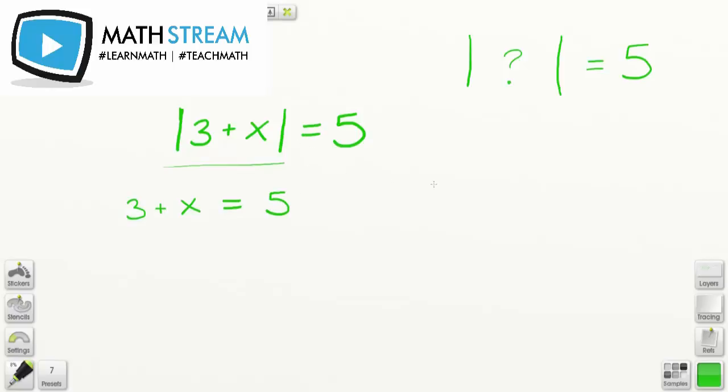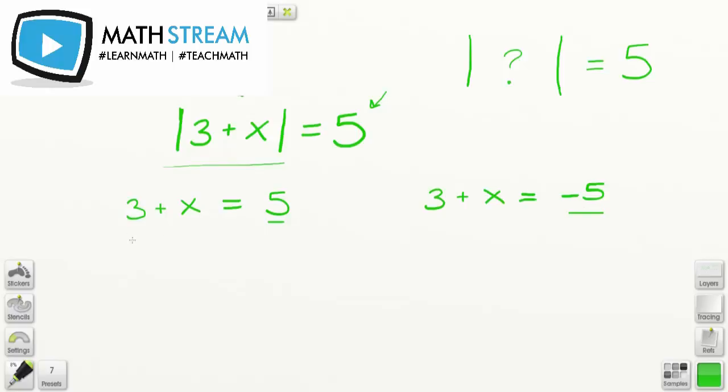And then I need to solve for what would happen if I get 3 plus x equals -5, because it's okay for this 3 plus x, it can equal 5, or it can equal -5, and either way we'll get our answer. So we're solving the equation twice, once for when it equals +5, once for when it equals -5. We solve it the same as usual, and I won't take a lot of extra time to do it.